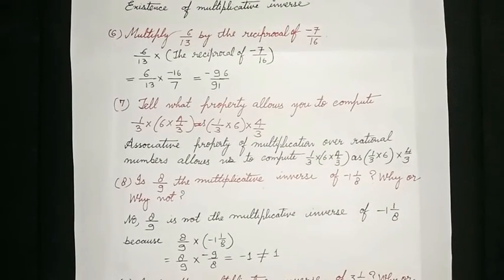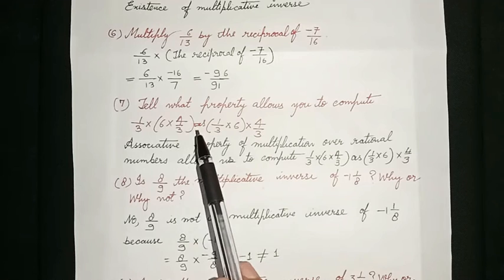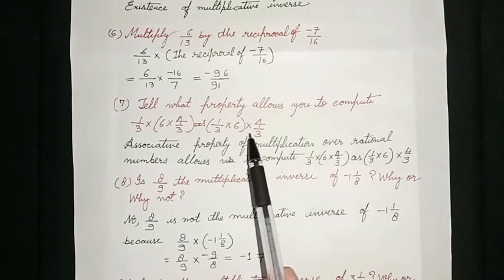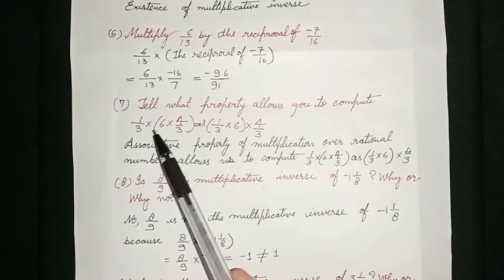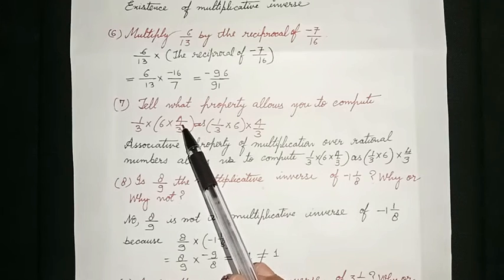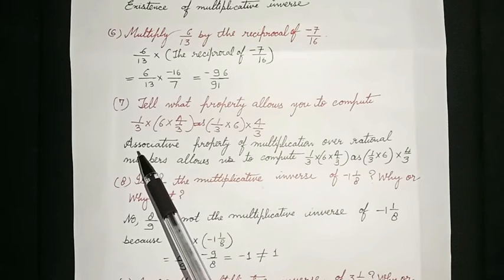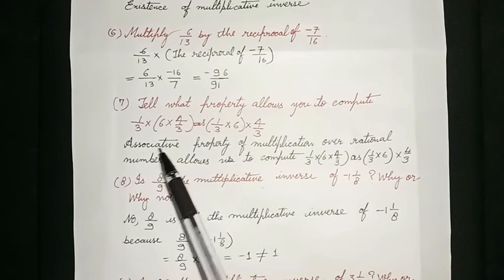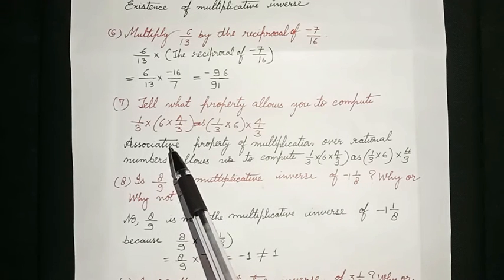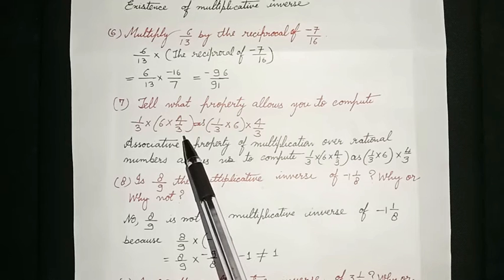In this question, you can see 3 rational numbers, 1 by 3, 6 and 4 by 3. Three rational numbers you can see here. I think it is clear which property we can use.